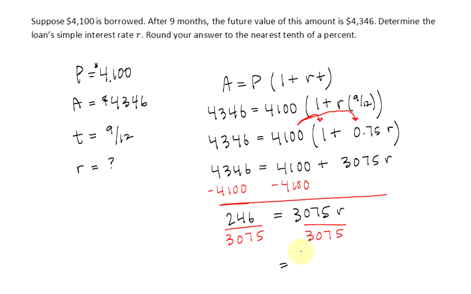On the right side, that leaves us with just R, since the 3,075s cancel out. And putting 246 divided by 3,075 into your calculator should give you a result of 0.08.